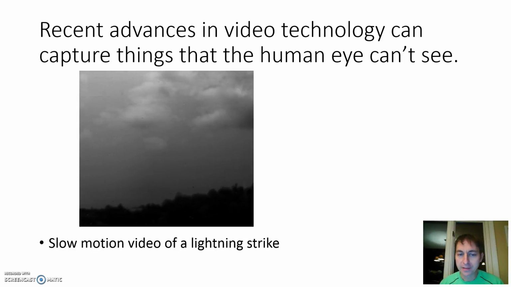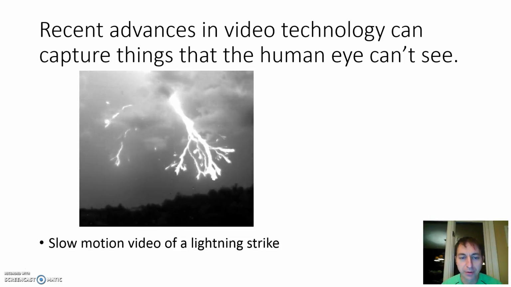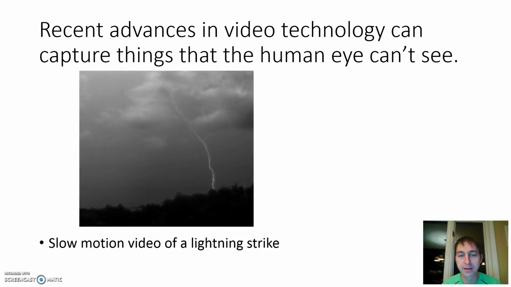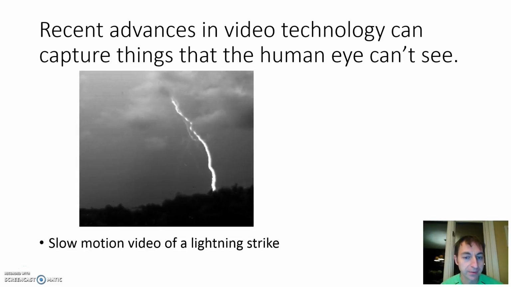So I was saying that we had some evidence of this process, and here you see a slow motion camera that is showing a lightning strike, and it shows things that we don't see with the unaided eye. So the part that you're seeing right about here, there's the stepped leaders, and then finally it makes contact. And one thing that you note when you watch the slow motion is that the light actually is traveling.